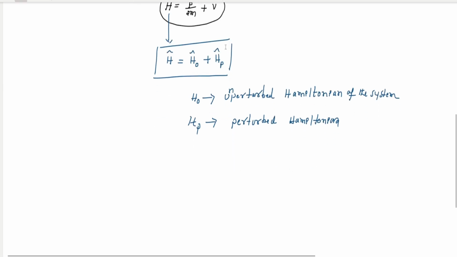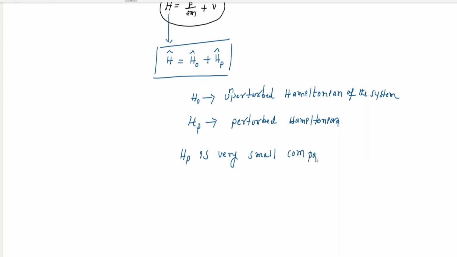Here the perturbed Hamiltonian is very, very small compared to H naught. Okay. So for the sake of convenience, I'm going to write H suffix P less than H naught. So this is the deviation.